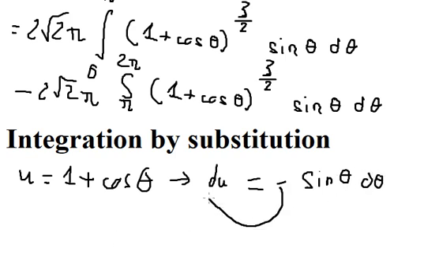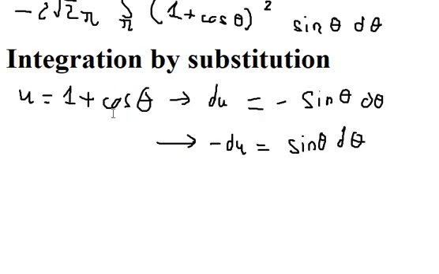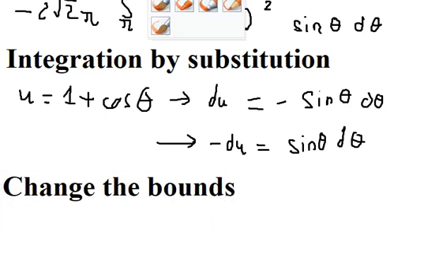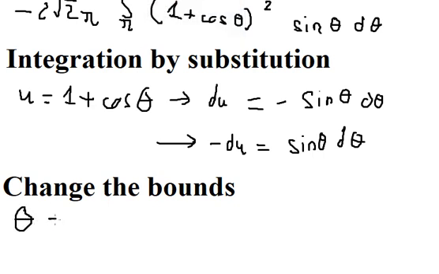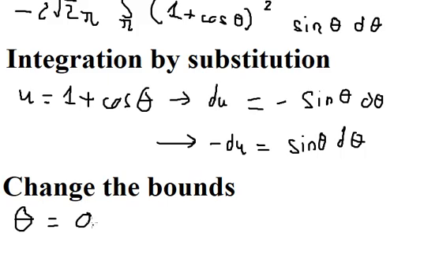So we put the negative to the left. Next, we need to change the bounds. When theta equals number 0, that is from here, so I will put number 0 on here.